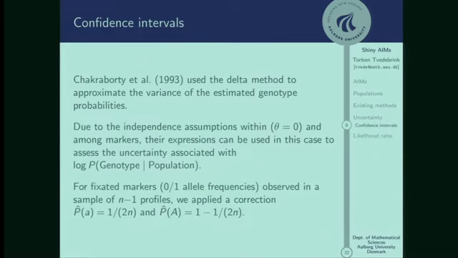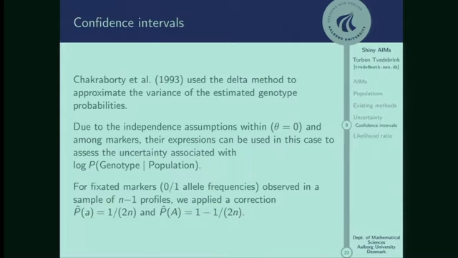Their assumption is that you don't have any dependence among the alleles, and you also have independence between the markers. That's applicable in our case, at least until we have found a more clever way to compute the genotype frequencies for a given population.